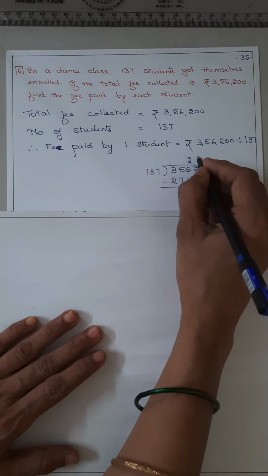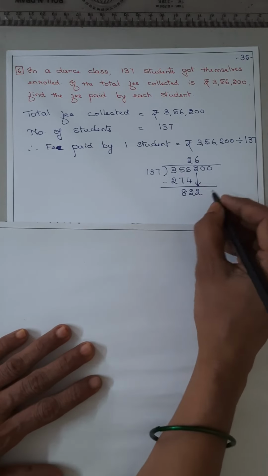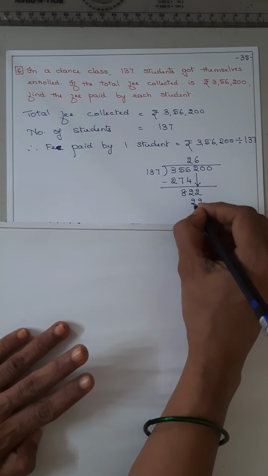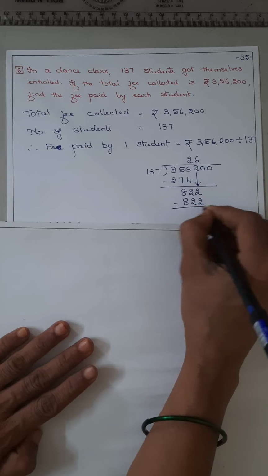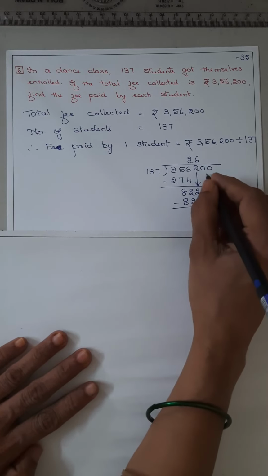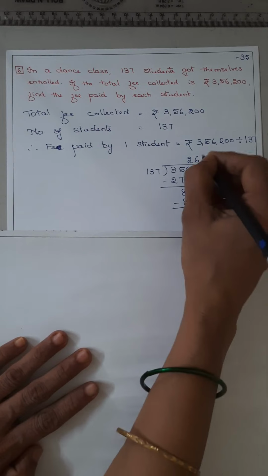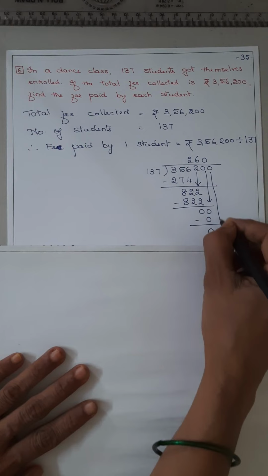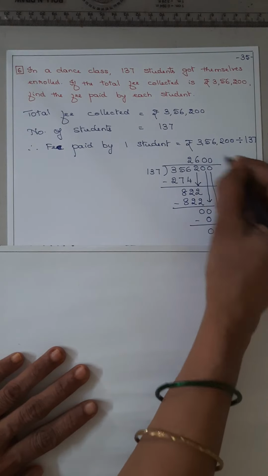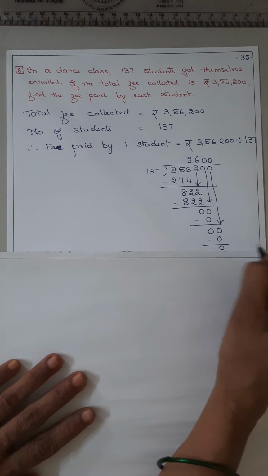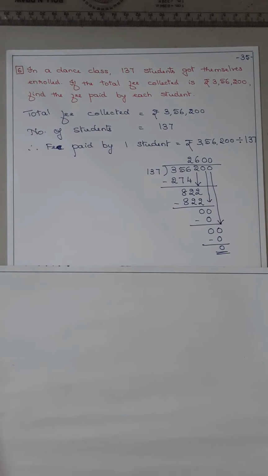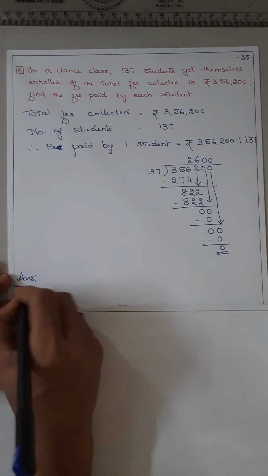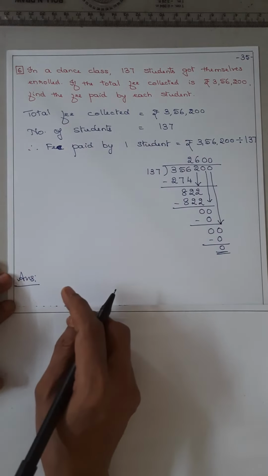It will be 6 7s are 42. 6 3s are 18, 19, 20, 21, 22. 6 1s are 6, 7, 8. So already you got 0, isn't it? For the last zeros, you keep stepping as many times as there are zeros. Understood? Answer, the quotient is the answer.